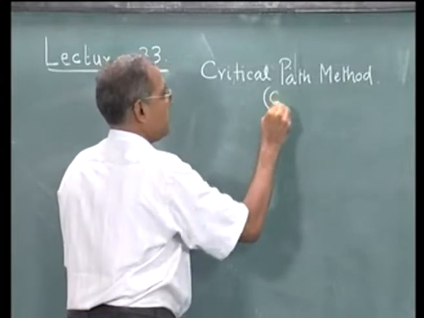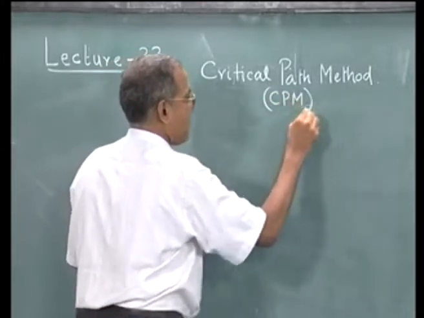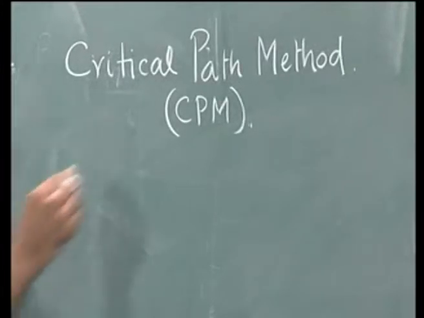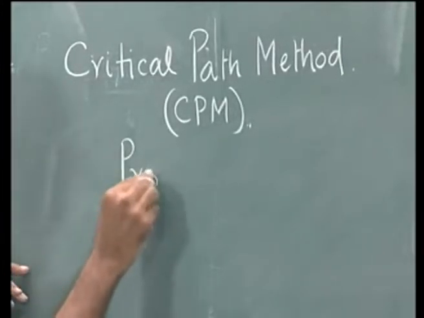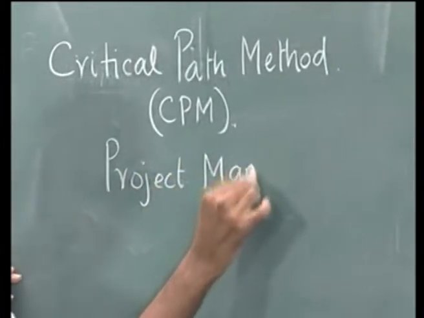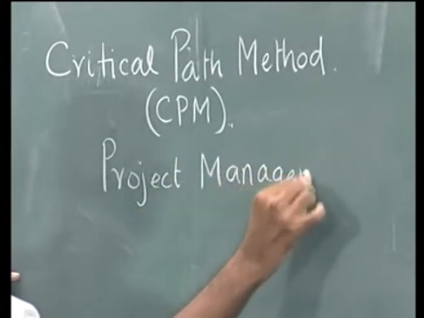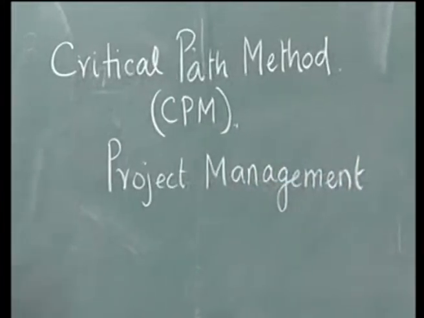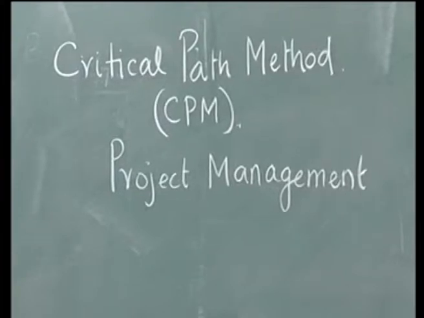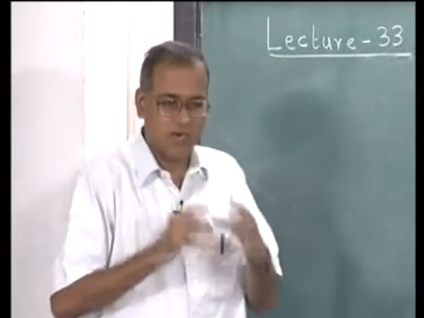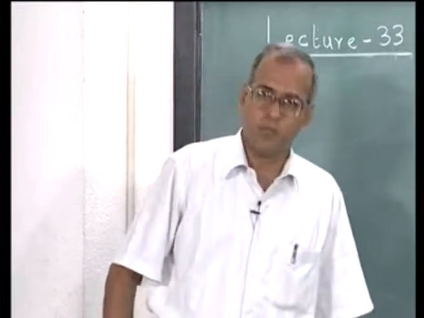It is also called CPM. Now, the critical path method is used in project management, and here we wish to show the critical path method once again as an application of linear programming towards real life kinds of problems.